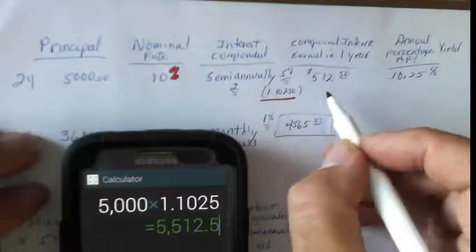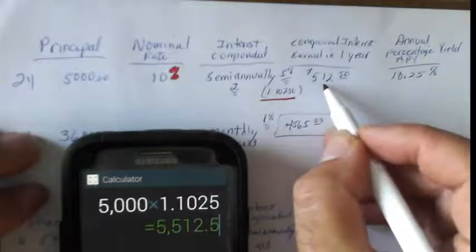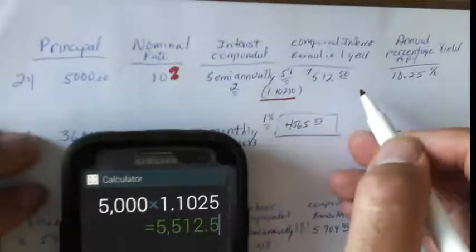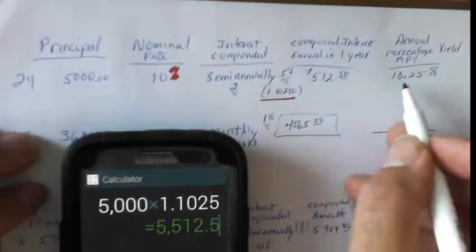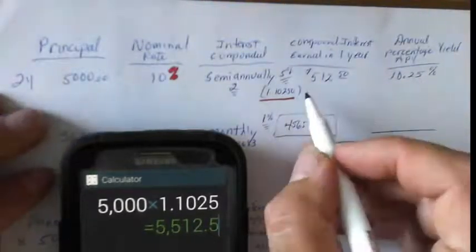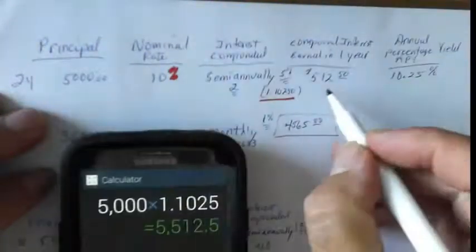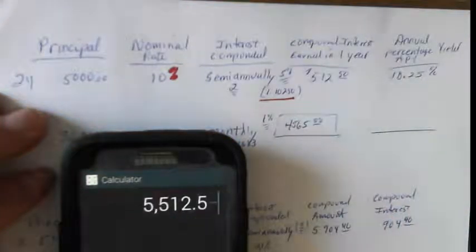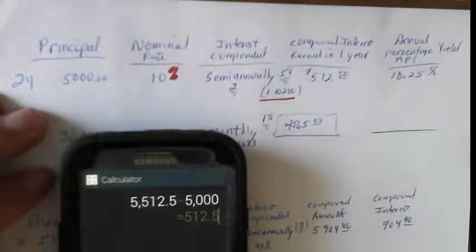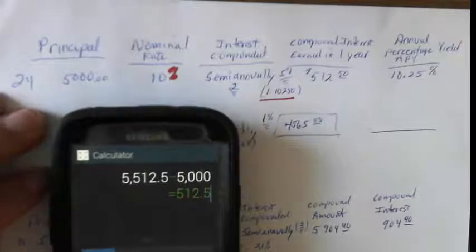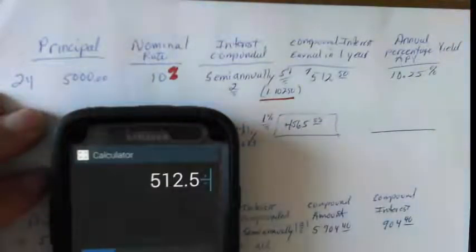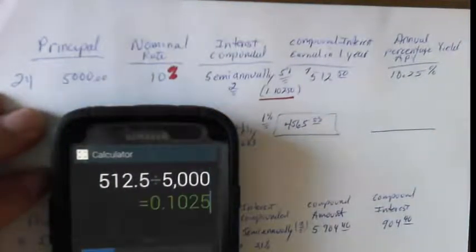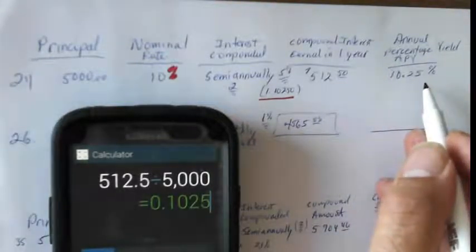Okay? We would get our 5,212.50. Okay? And they want to know the annual percentage rate. Well, after you subtracted your principal, so that was our interest, right? And then we would divide that then by our principal in order to get our annual rate. So just again move that over, change it to a percent.